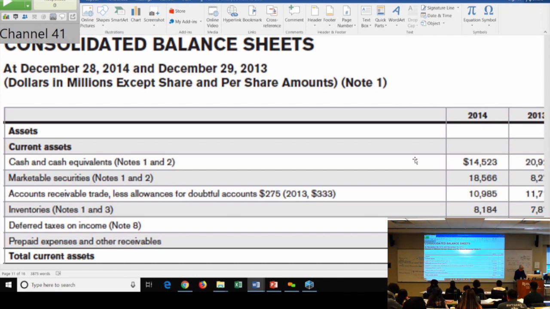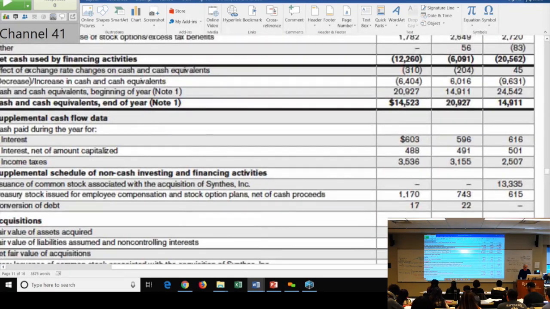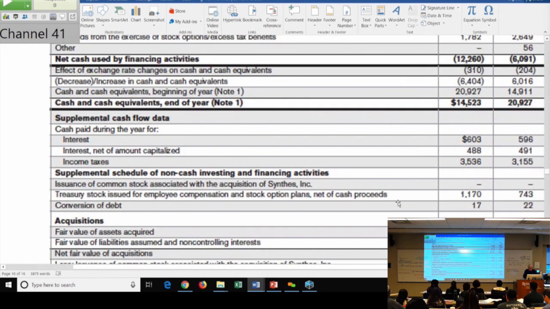Now, there's one other thing to show you here before we take some questions from you. On the bottom of the statement of cash flows, somebody asked me this after class on Tuesday, Johnson & Johnson does a pretty good job of disclosing this, so I happen to like the disclosure. Remember we talked about non-cash financing and investing activities, like buying a plant and signing a note.